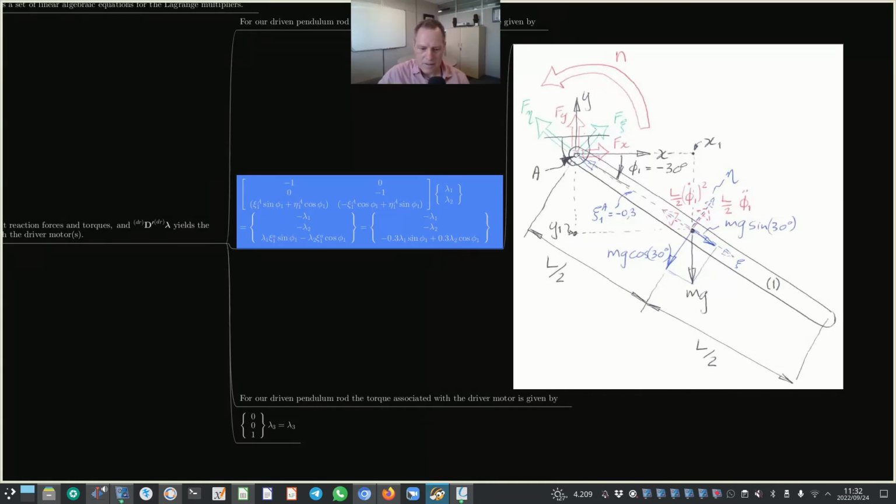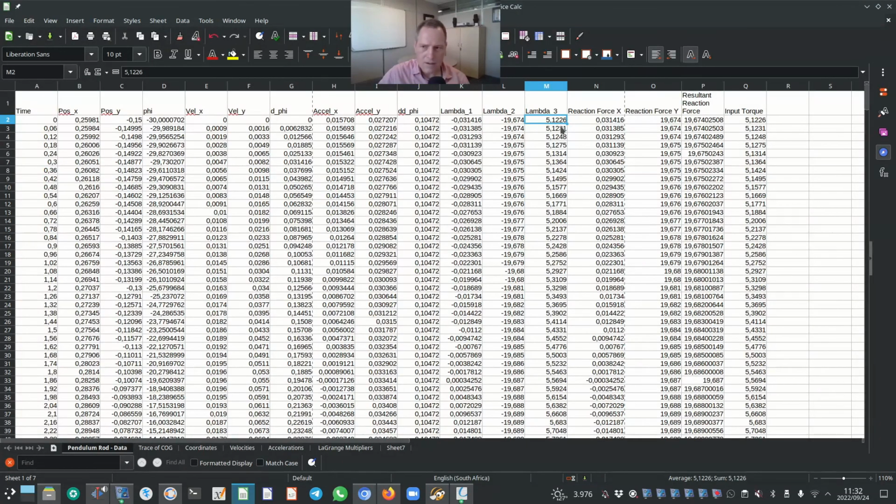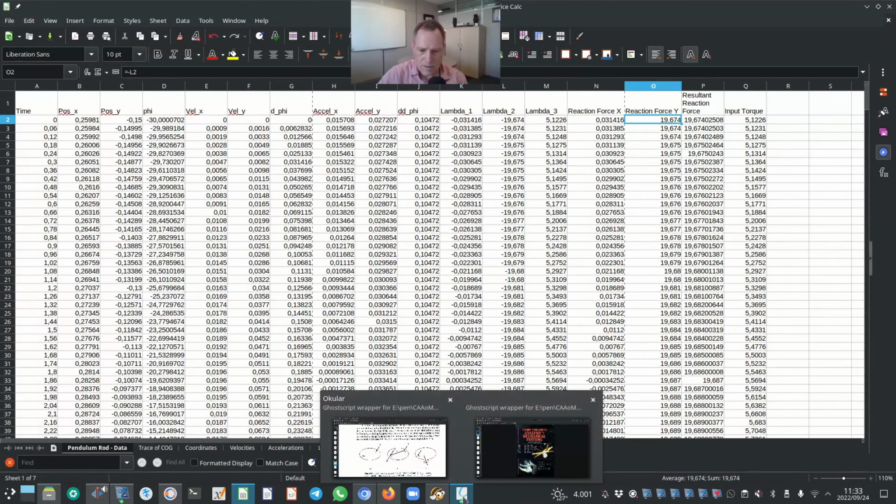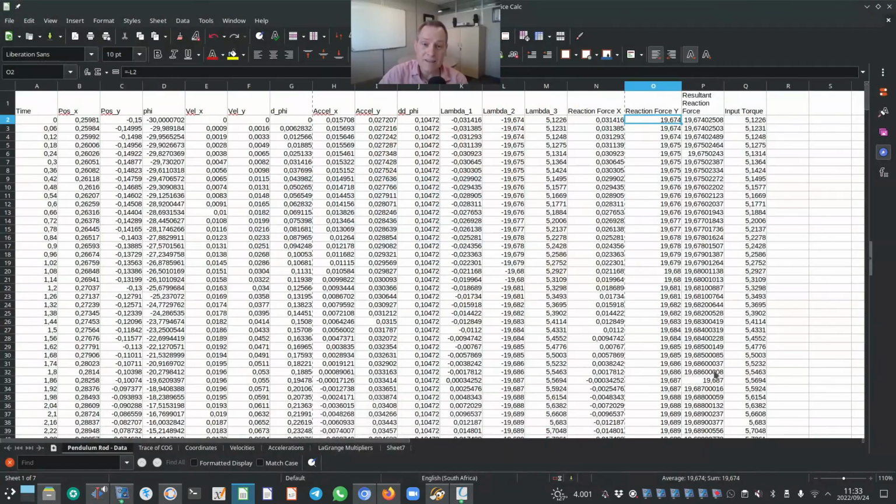Okay, so if we go back to our spreadsheet, the reaction force in the x is simply minus lambda 1, and the reaction force in the y is minus lambda 2. Okay, and that's what I've done here. Now this corresponds exactly to our analytical calculation, which is reassuring.